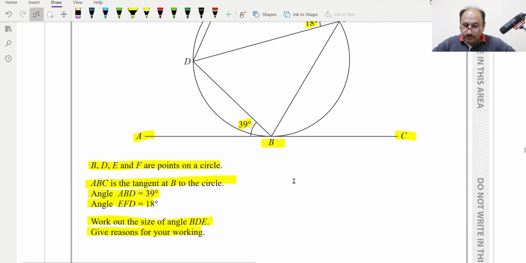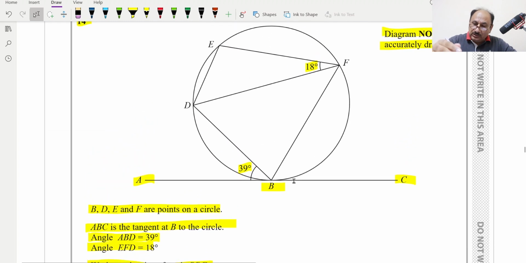Okay, so BDE will be which one? So BDE is this angle, this complete angle is required. For that one, if we find this angle, then we can use this.